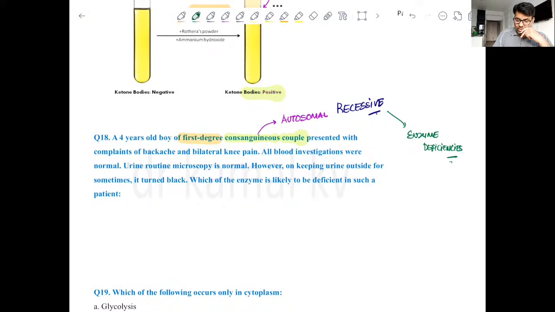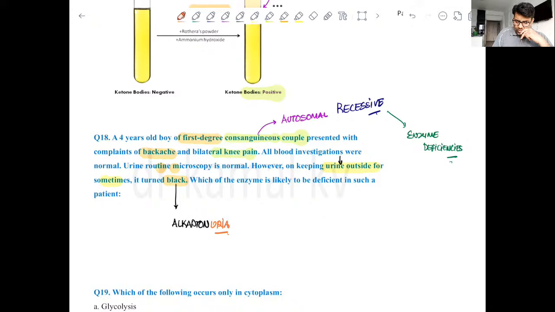So here if you go forward, there is backache, then joint pain, everything is normal. Urine microscopy is also normal, but when we keep the urine for some time, it develops black color. So the moment you have this urine black on exposure to atmosphere, I think most of you can again answer it absolutely correct. This is nothing except Alkaptonuria.